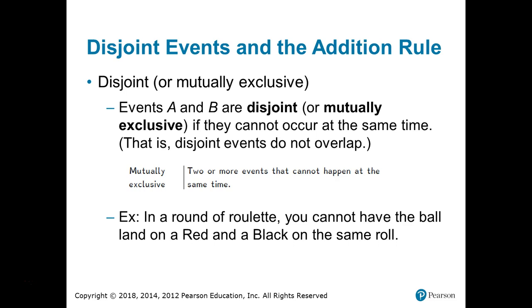So just two events that cannot happen at the same time. A boy and a girl cannot be born at the same time. Flipping a coin cannot be a heads and a tails. If you play a round of roulette, you cannot have the ball land on a red and a black on the same roll. All those events would be mutually exclusive. They cannot happen simultaneously.